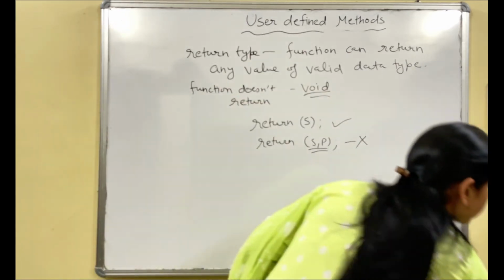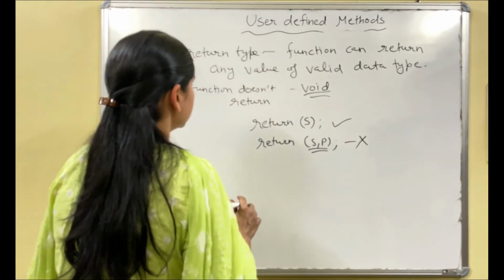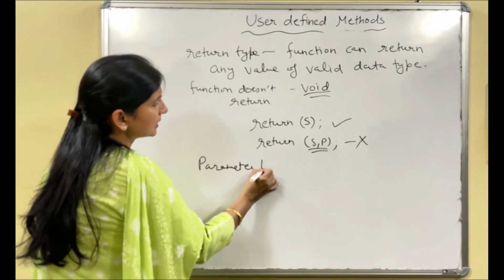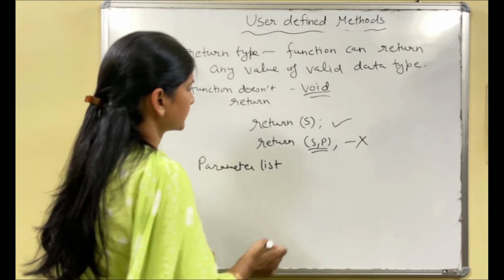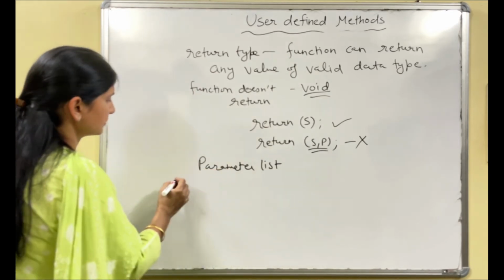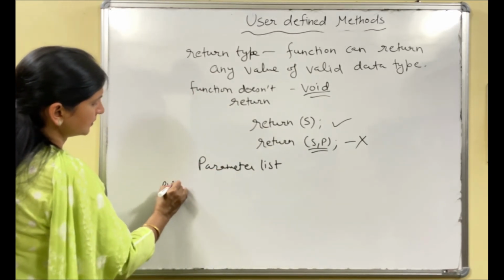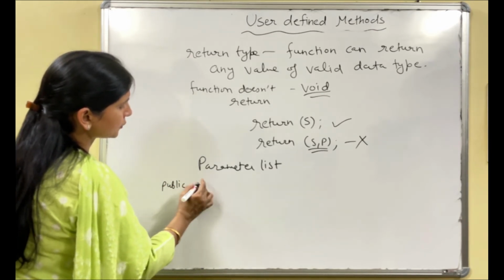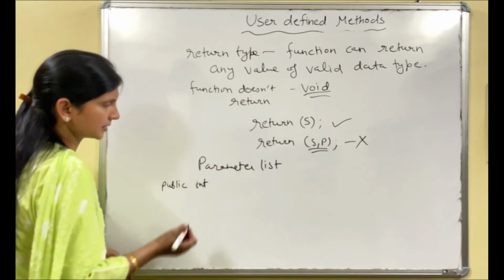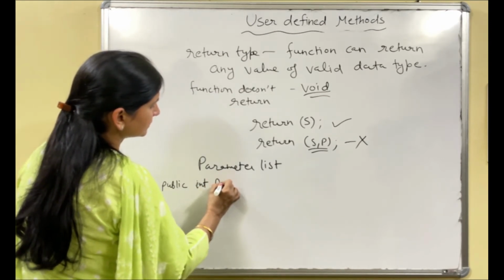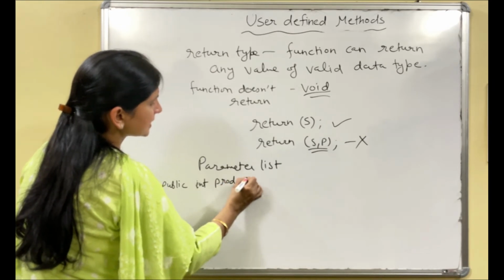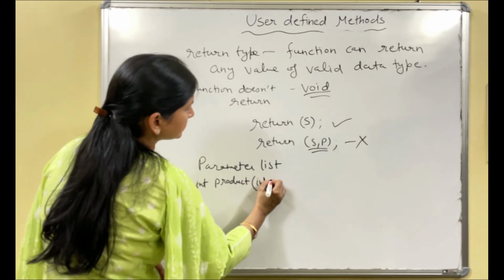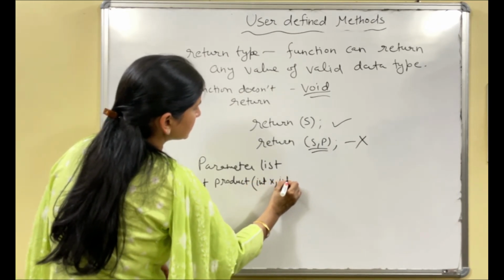So I am writing one example, which you pass in the method parameter list. I am writing a user defined method: public int product, with the return type shown in the same function, and I am passing the parameters int x, int y.